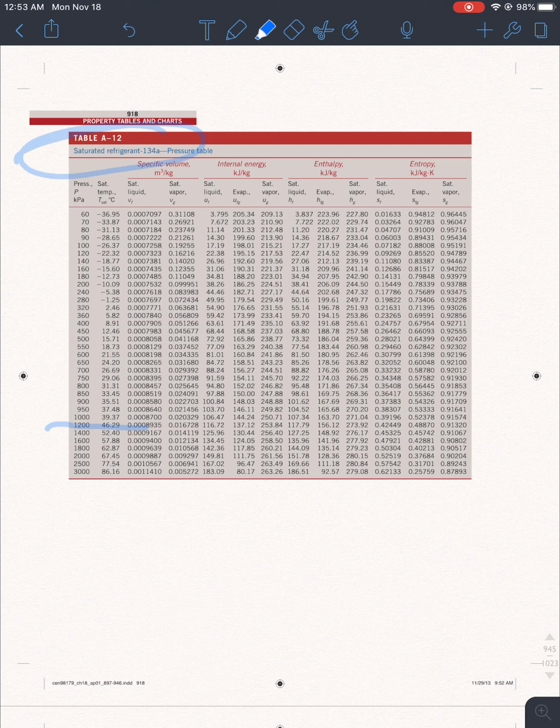Let's put this over here at 50 Celsius. Let's see if the enthalpy is right. One more time.